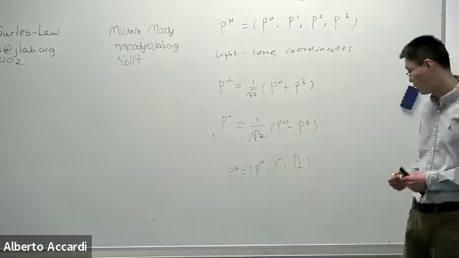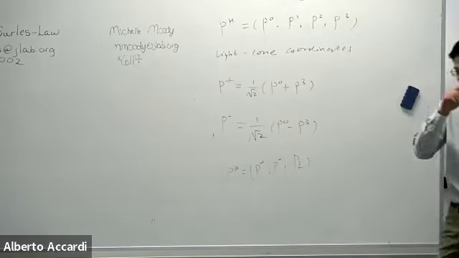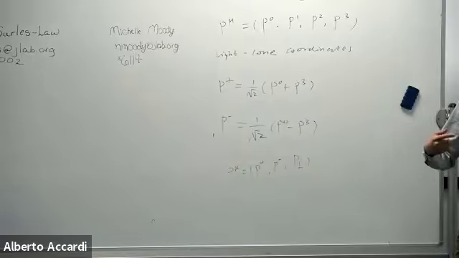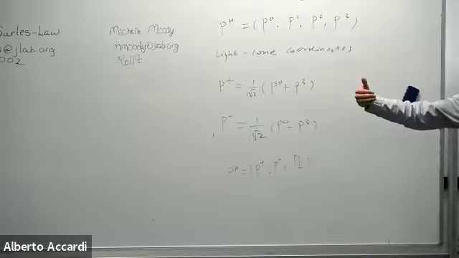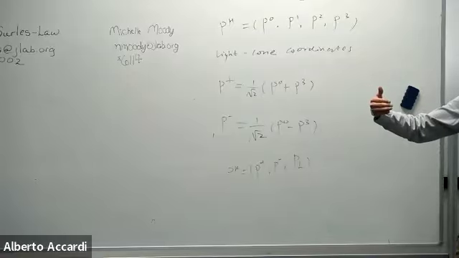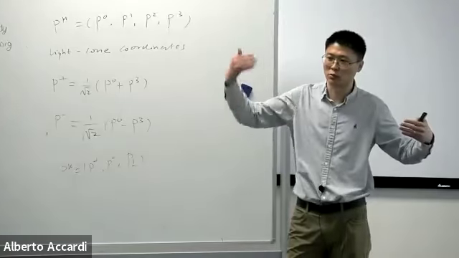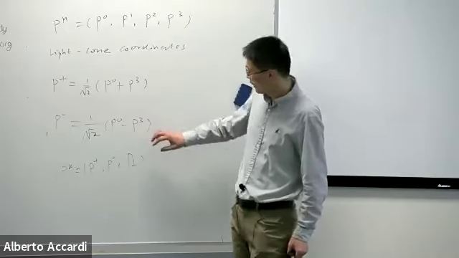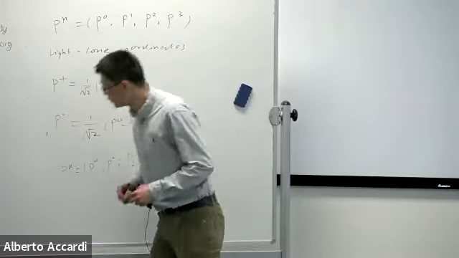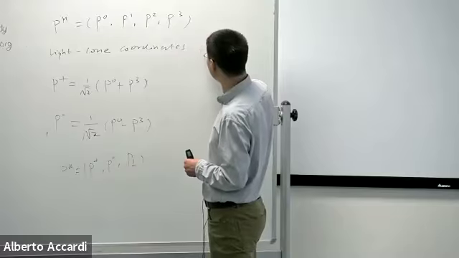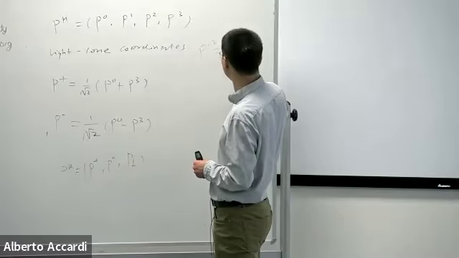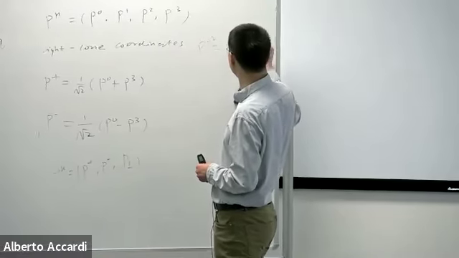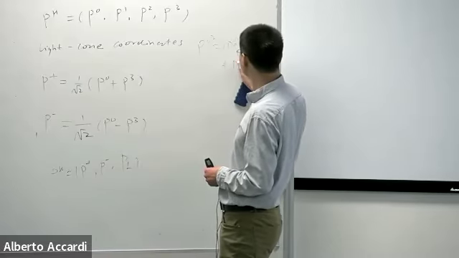The reason we are doing this is there is a preferred direction in collisions. You have two beams, and most of your beams are along the z direction. So your momentum along that direction is usually very large, but its transverse momentum is usually very small. If this is on mass shell, it means P0 squared is P1 squared plus P2 squared plus P3 squared.